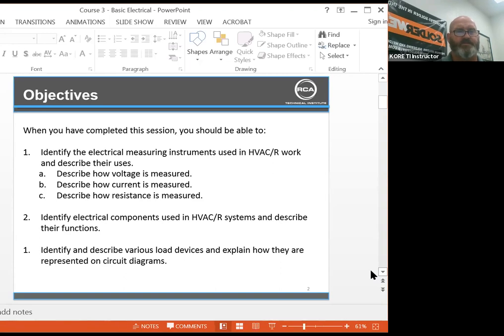You'll be able to describe how voltage is measured, describe how current is measured, describe how resistance is measured, identify electrical components used in HVACR systems, describe their functions, identify and describe various load devices and explain how they are represented on a circuit diagram.